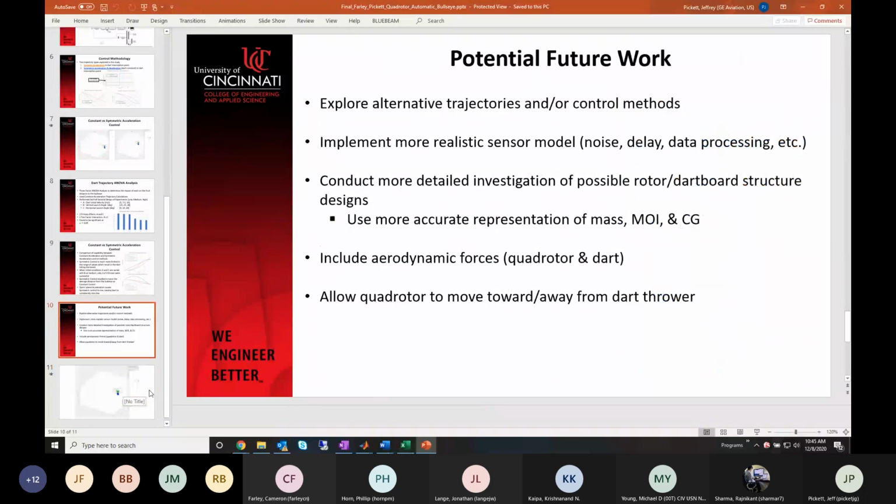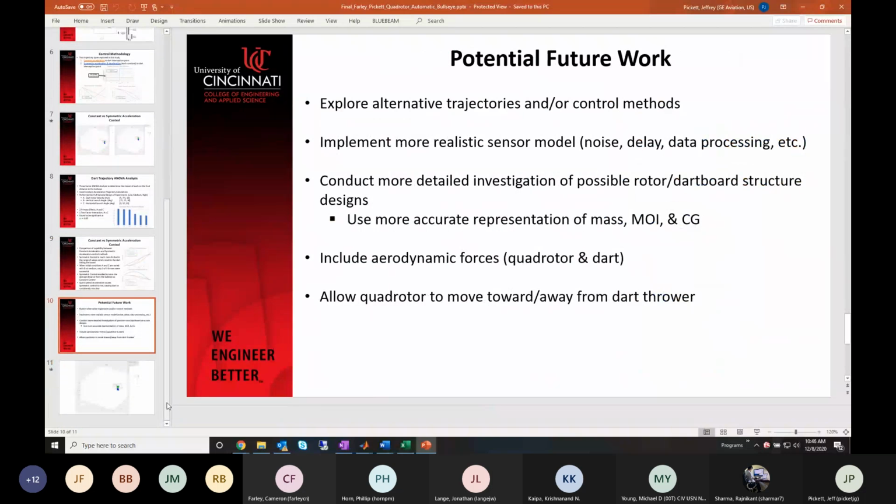If you go on to the next one for potential future work, we'd like to look at different alternative trajectories and control methods, implementing noise and some realistic sensor data. Take a look at what would be industry standard for, maybe computer vision or something to tell the drone where the dart was.